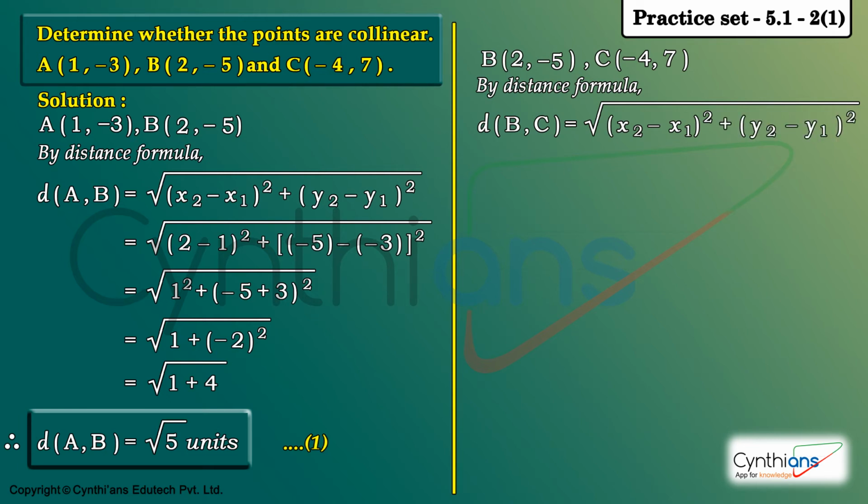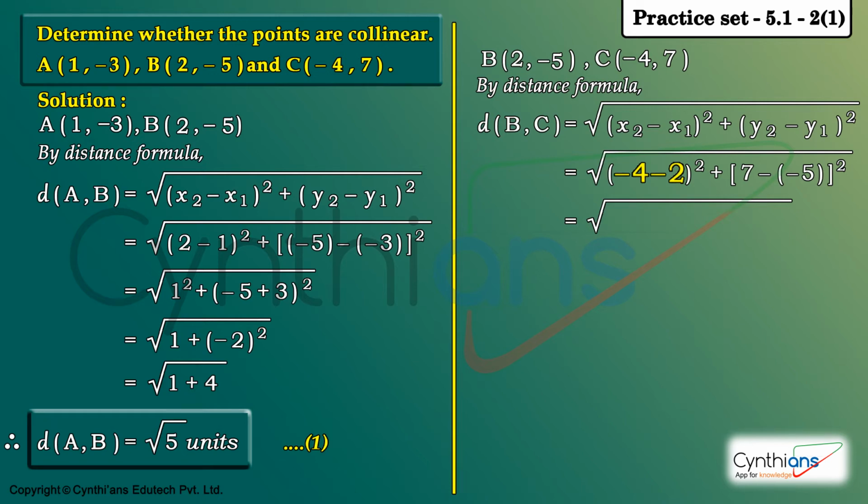Next step, equal to square root of x2, what is it, minus 4, minus x1, what is it, 2, minus 4 minus 2 the whole square plus y2, what is it, 7, minus y1, what is it, minus 5. So this is 7 minus into minus 5 the whole square. Next step, equal to square root of minus 4 minus 2, what does it become?